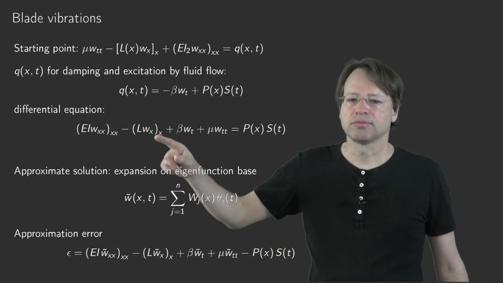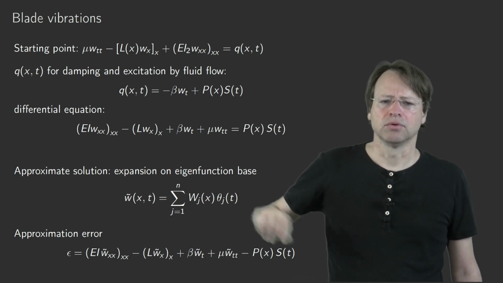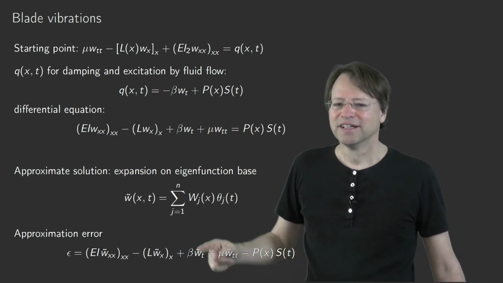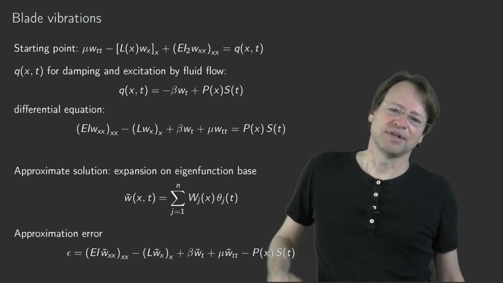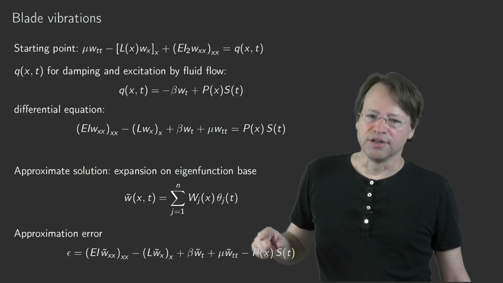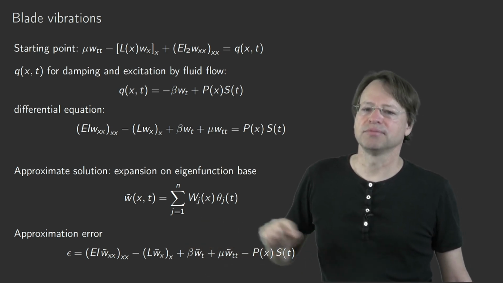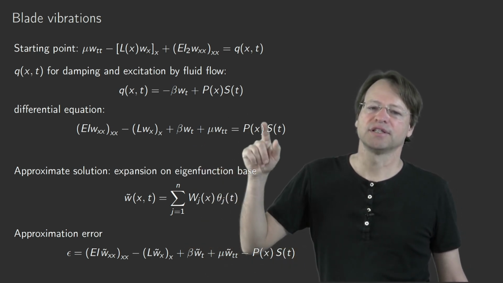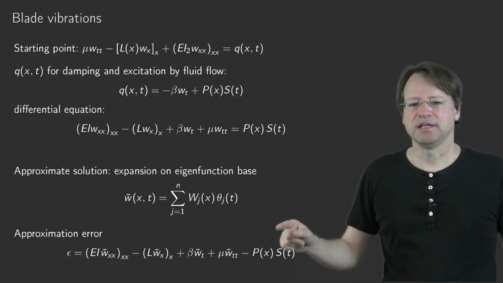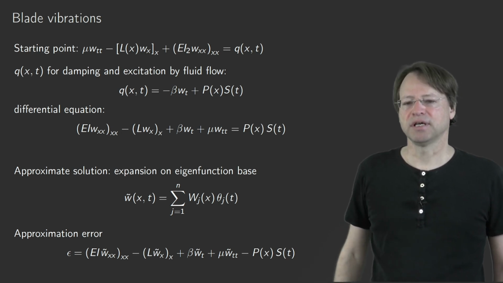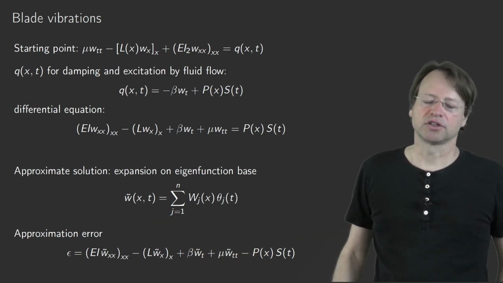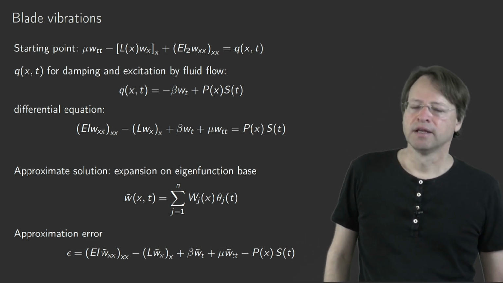So you take the terms on the left-hand side, you take the term on the right-hand side, you throw it on the left-hand side. That way, the equation has been obtained. The other way would be possible, of course, as well. And the difference would be the approximation error, the difference between left-hand side and the right-hand side. And that difference is space and time dependent. So strictly speaking, epsilon is a function of space and time.